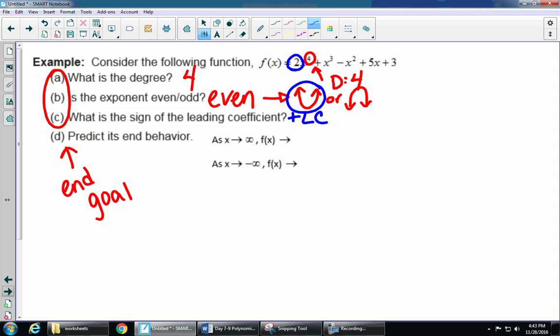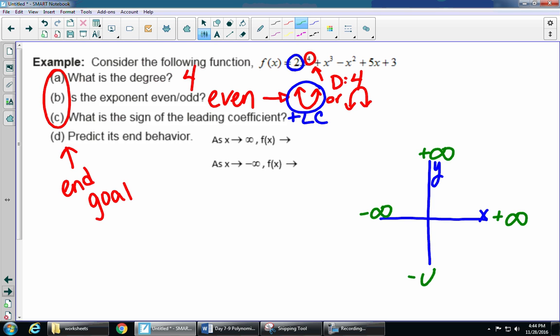So now I need to predict the end behavior. And what you see here is like a formula. As x goes to infinity, f of x goes to. And as x goes to negative infinity, f of x goes to. So I just want to sketch out a little coordinate graph. Remember that x is on the horizontal axis and y is on the vertical, with positive infinity and negative infinity on each.